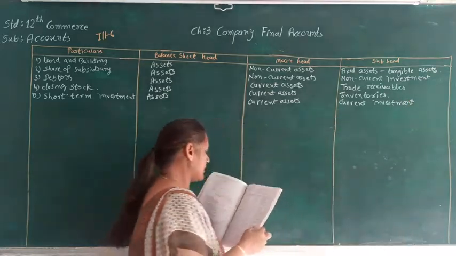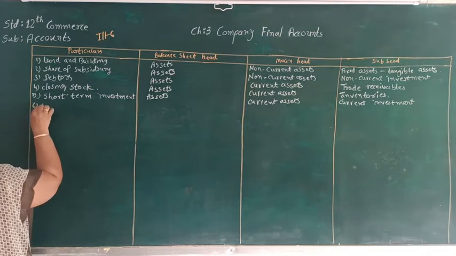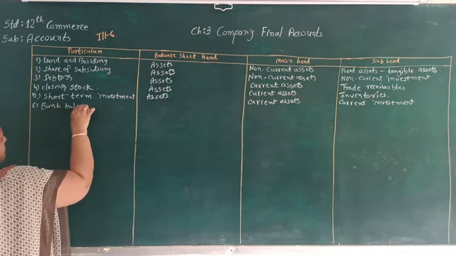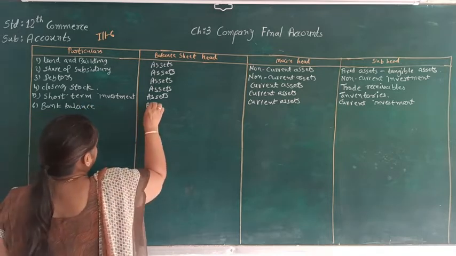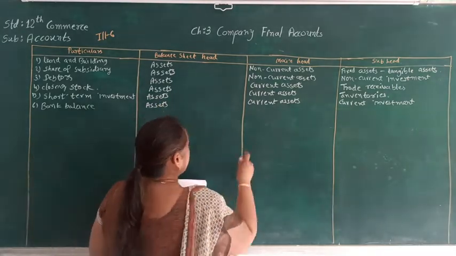Again, let's see. The next heading is bank balance. The sixth one is bank balance. It is an asset of the business, and that is again current asset.